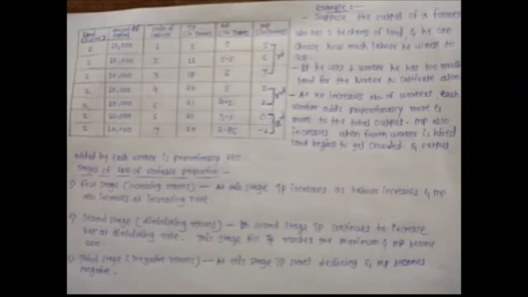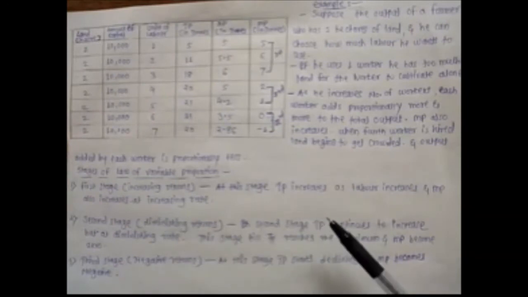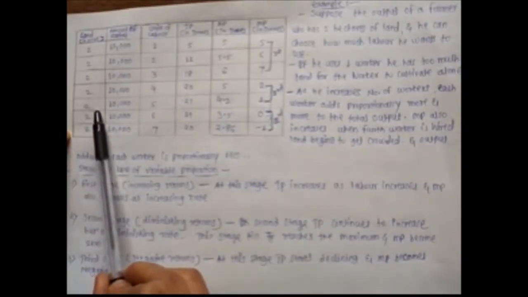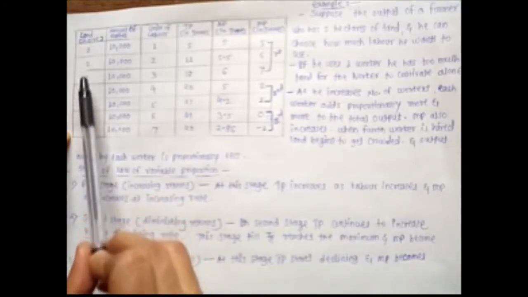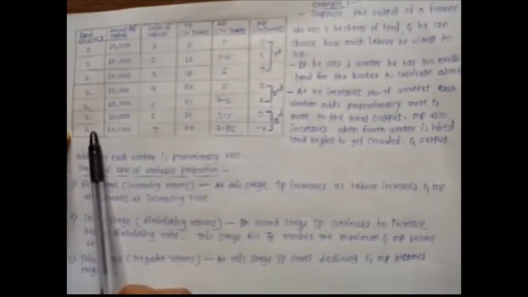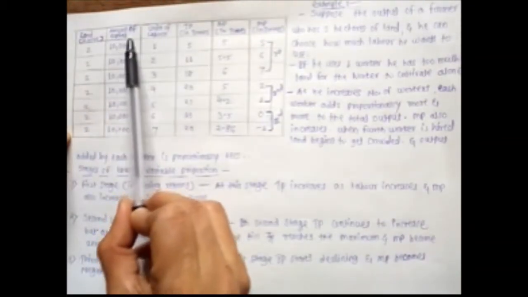Students, we explain it with the help of the table. See here, in this table, the first column shows the units of land. These are the fixed factor. The second column shows the amount of capital.